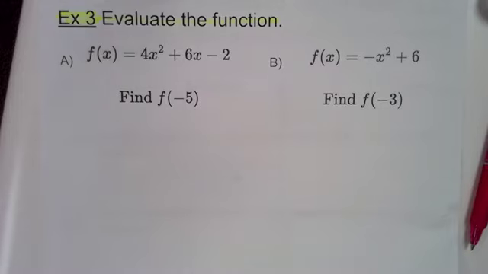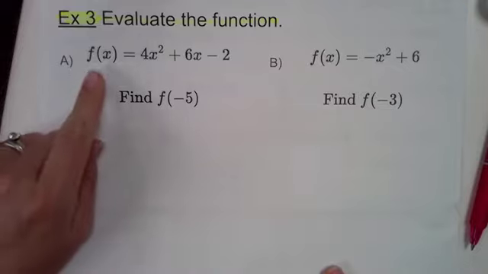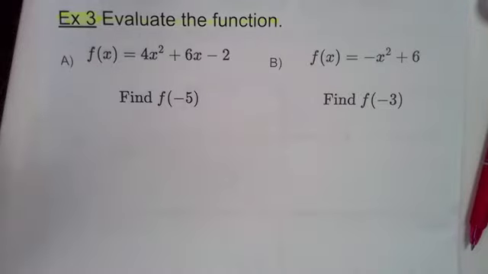Evaluate the function. So we have f of x equals 4x squared plus 6x minus 2. And we want to find f of -5.